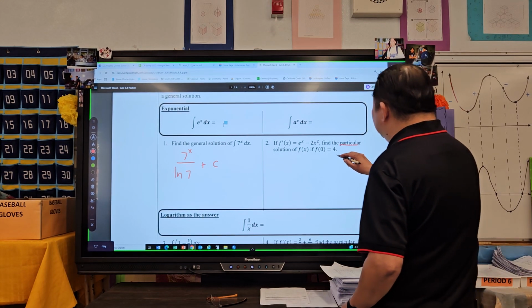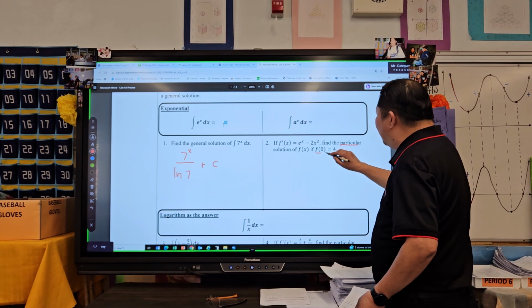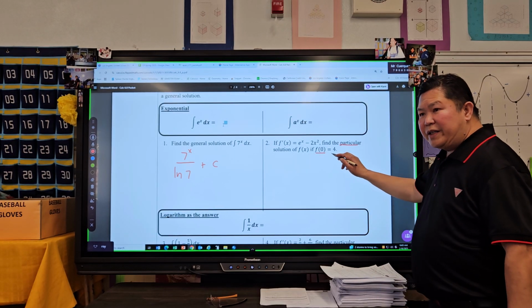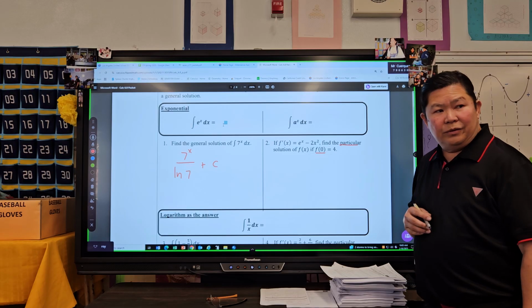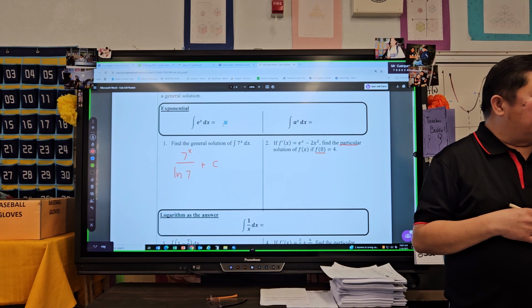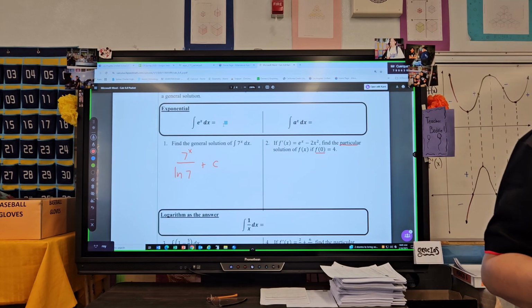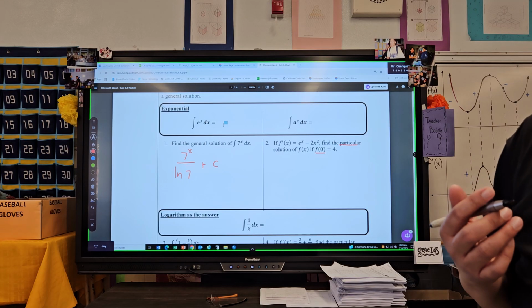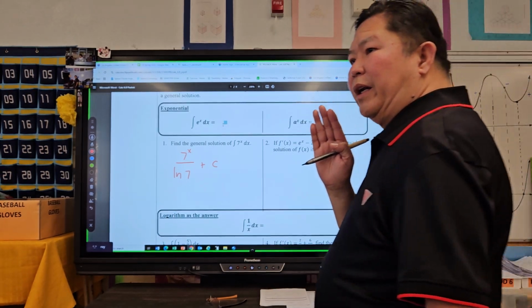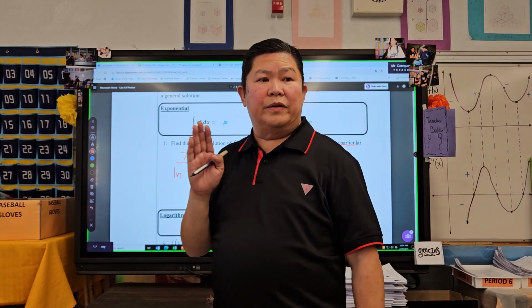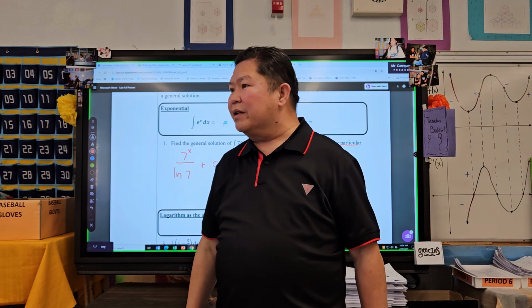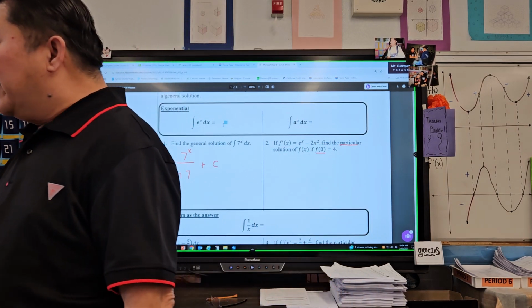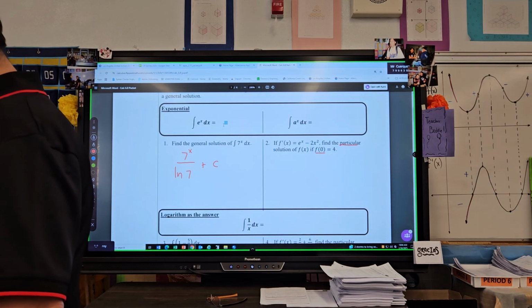We're gonna have the condition f of 0 equals 4. So if x is 0, the function is 4. Okay? If x is 0, the function is given as 4. That means what comes to our mind? We're gonna substitute 0, and f of 0 is 4.